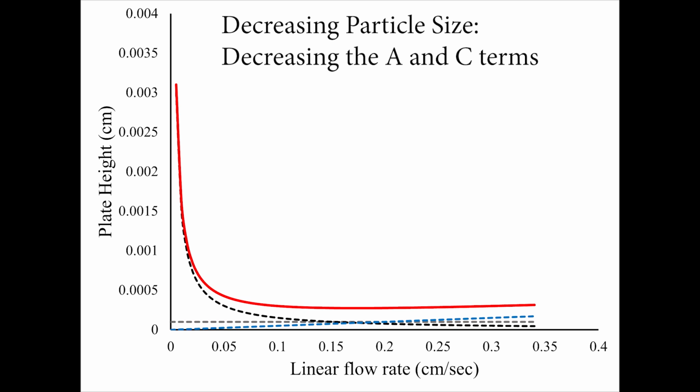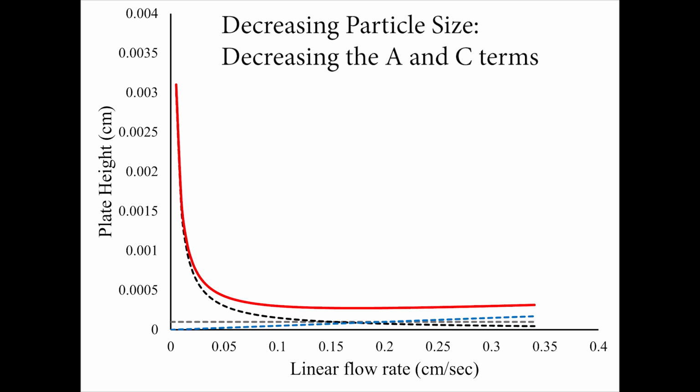And what that means is, even if you go faster than you should to hit the minimum H, you don't get penalized much. So you can go faster and your chromatography doesn't suffer much. So when you have smaller particles, you can go faster and still get great separations, get better separations.